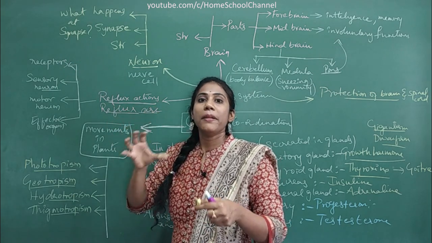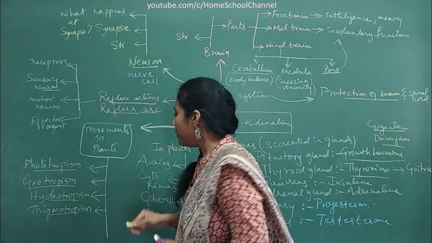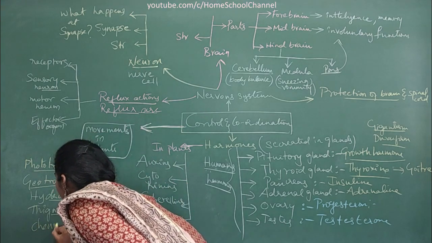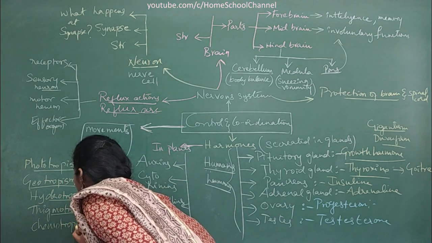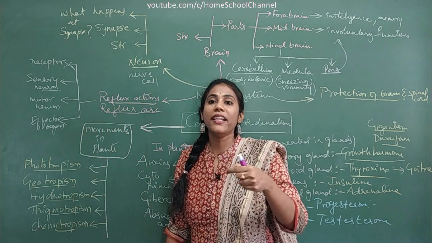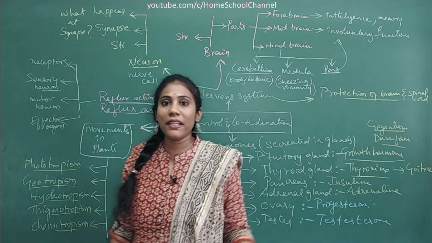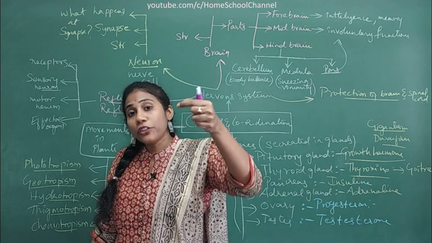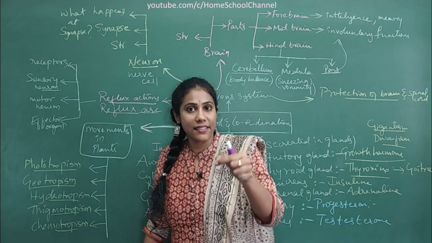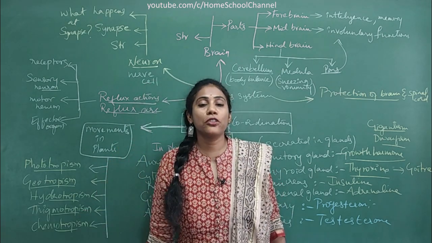So that is what we mean by thigmotropism. And finally, we have chemotropism. Chemotropism means the plant part moving in response to chemicals, like the growth of pollen tube towards ovule is the example for chemotropism.